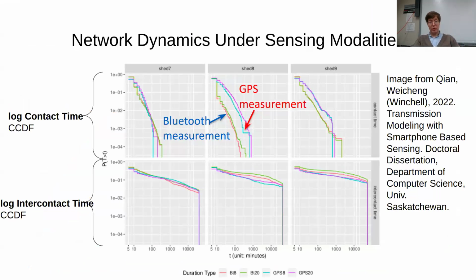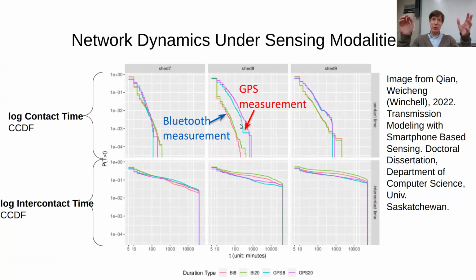In fact, that's some of the gist. I would note that, for those interested in it, if you measure these things with Bluetooth versus GPS, you get quite different distributions of contact times. You perceive a pair of people as being in proximity for a longer time if you use GPS to judge whether they're in proximity.